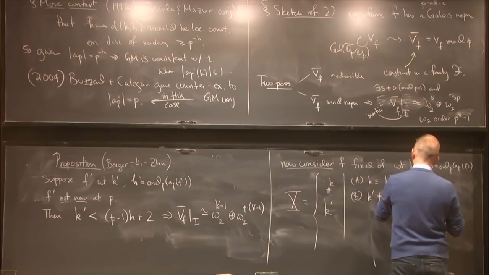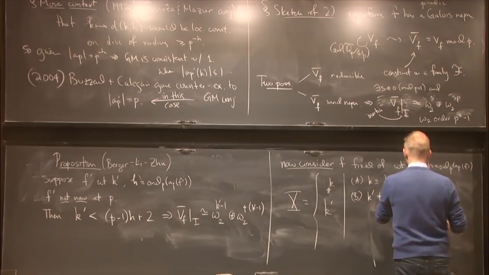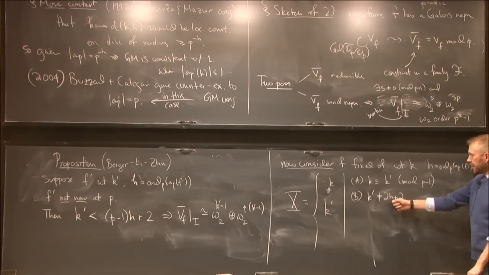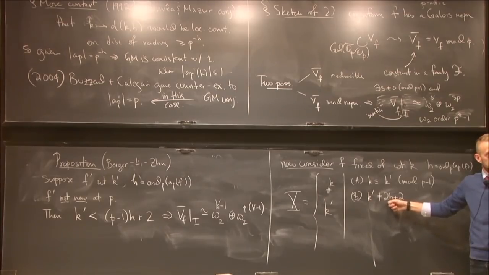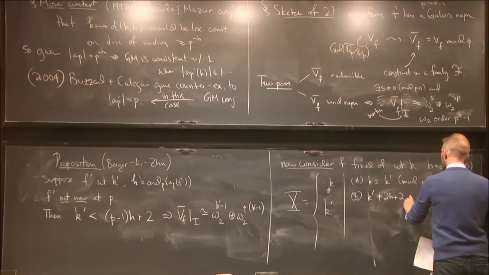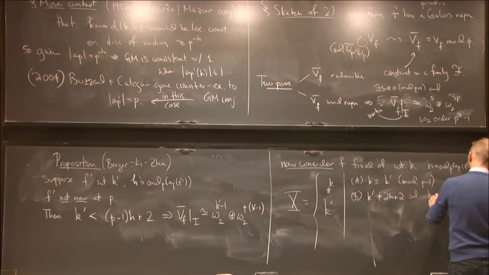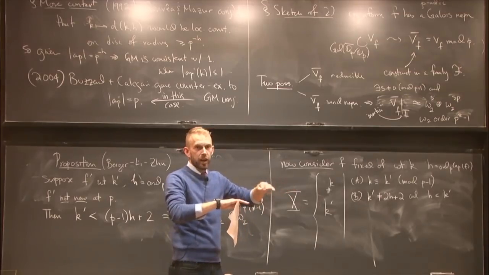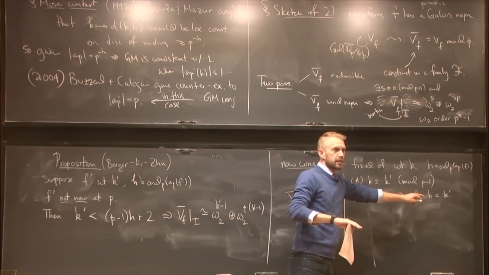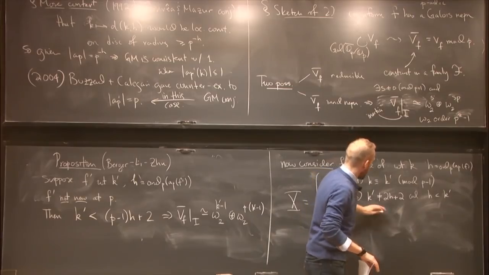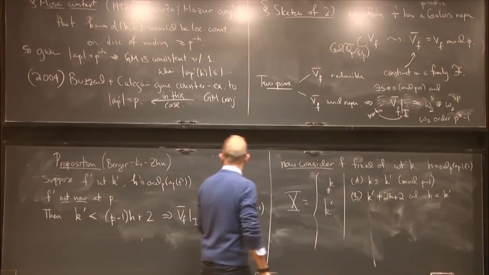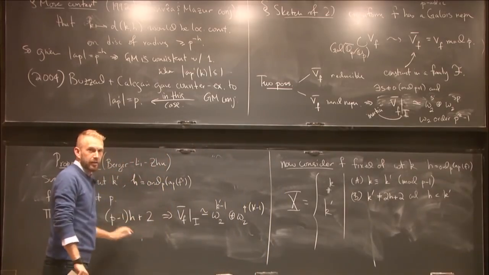The second is that I should arrange for my slope to be, for k prime not to be 2h plus 2. This is saying that any weight k prime eigenform of slope h is not new at p. Okay, so this is ruling out newforms of weight k prime. And h is less than k prime. This is saying that any overconvergent eigenform of weight k prime and slope h is classical. Okay, so now if I had something satisfying these conditions, the weight k prime, any eigenform of slope h, this theorem would apply.